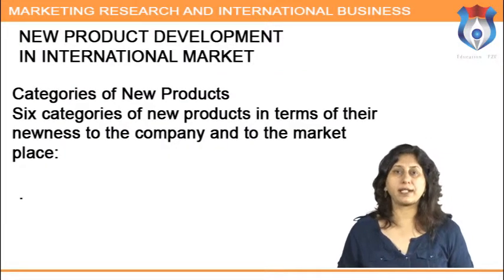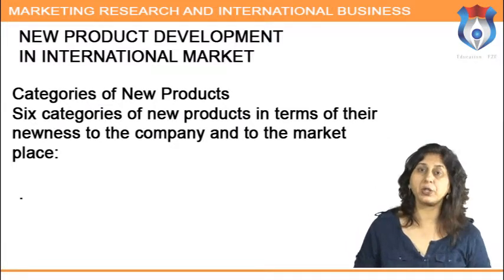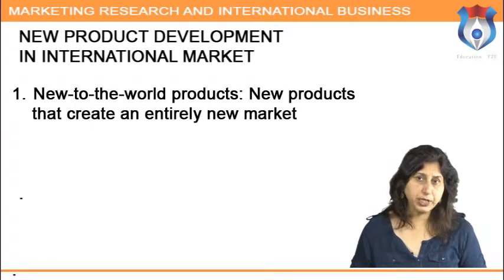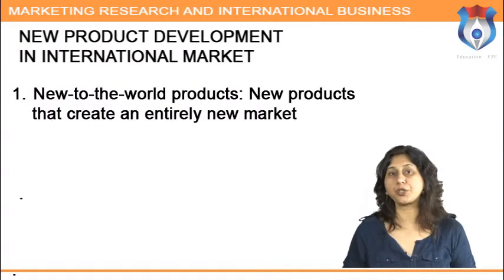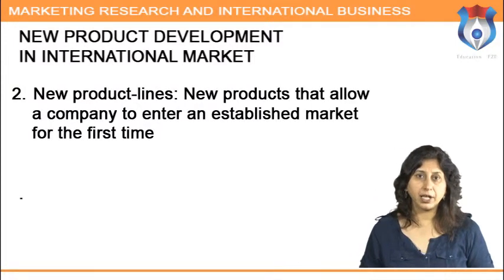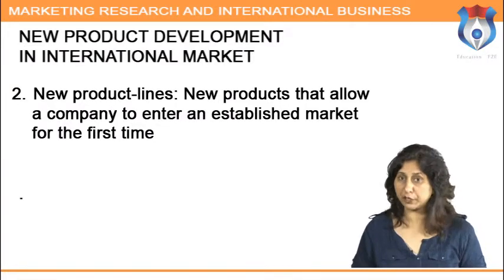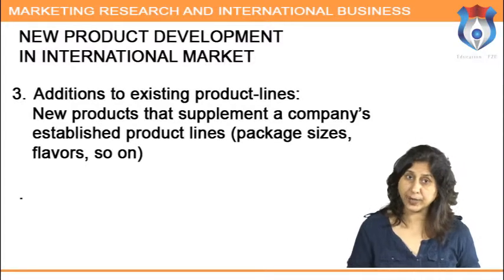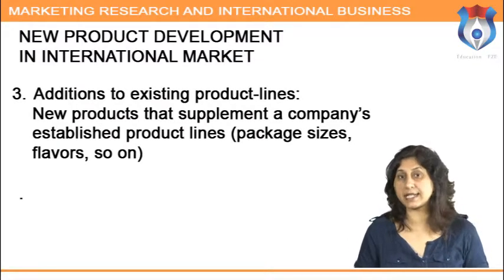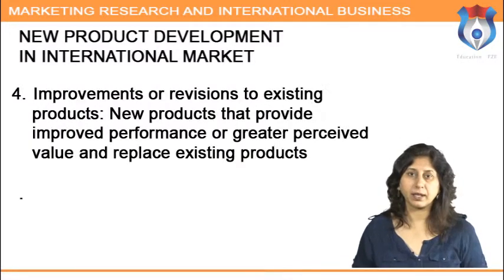Categories of new products. Six categories of new products in terms of their newness to the company and to the marketplace. New to the world products: new products that create an entirely new market. New product lines: new products that allow a company to enter an established market for the first time. Additions to existing product lines: new products that supplement a company's established product lines, package sizes, flavors, and so on.